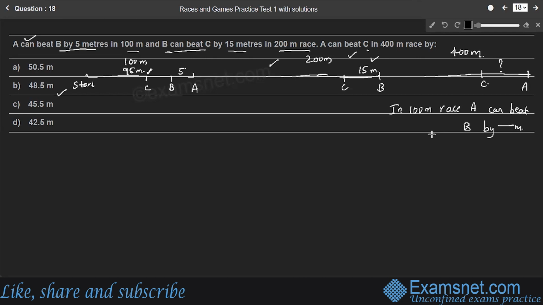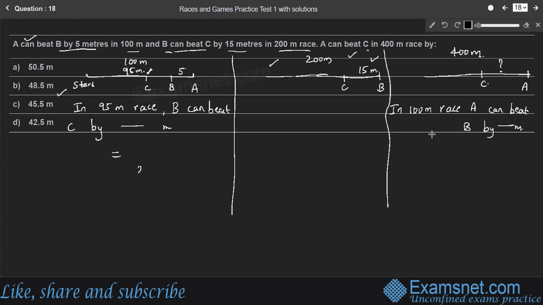Now come to the first case. In a 95 meters race, B can beat C by dash meters, which is based on the second information: in a 200 meters race, B can beat C by 15 meters. Therefore, in 95 meters, this is how you have to calculate.